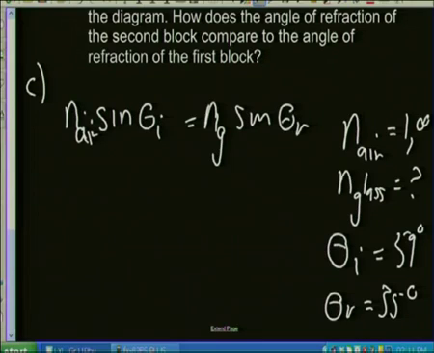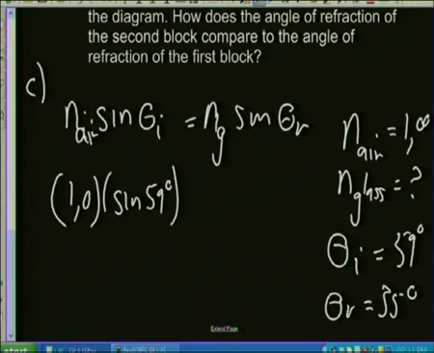So if I'm wanting to get the answer now, all I've got to do is substitute those values in. And so I'm going to say 1.00 multiplied by sine of the angle of incidence, 59 degrees, is equal to the refractive index of glass times the sine of the angle of refraction, which was 35 degrees.